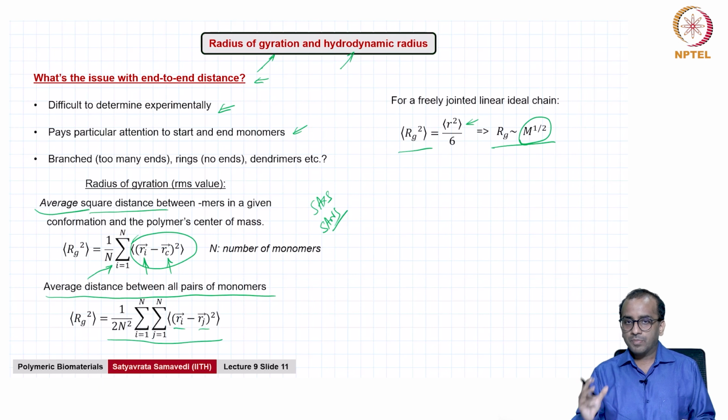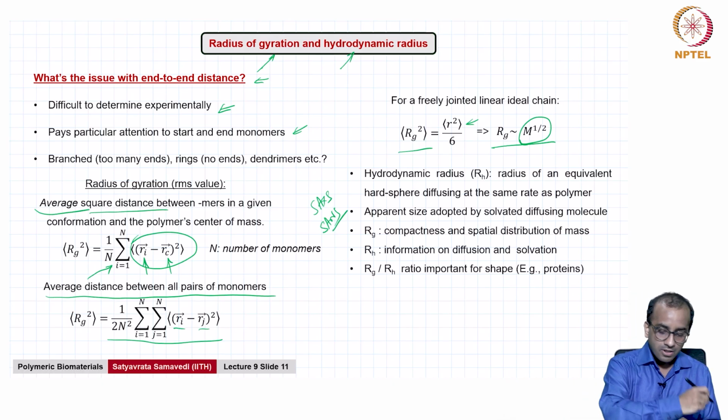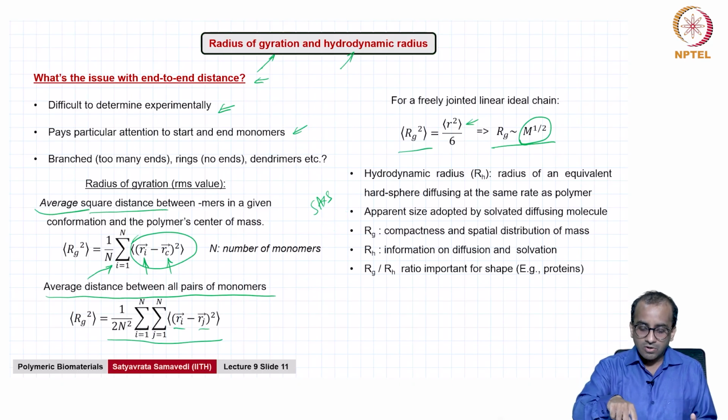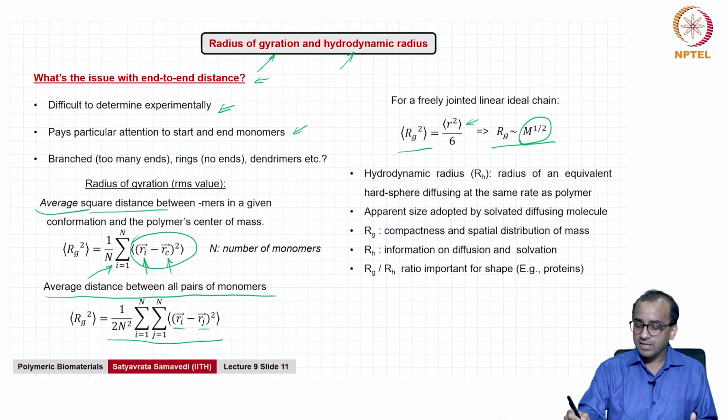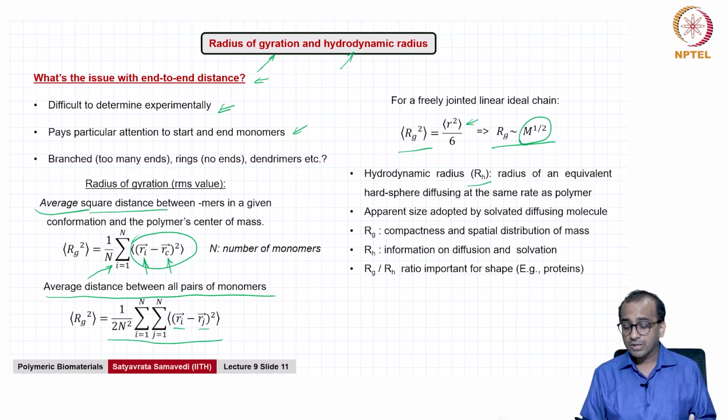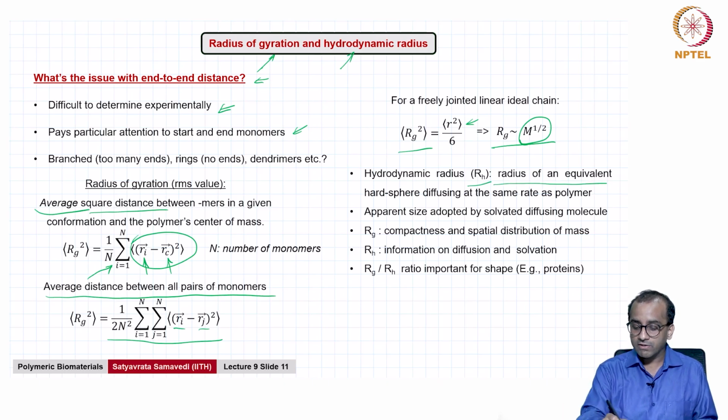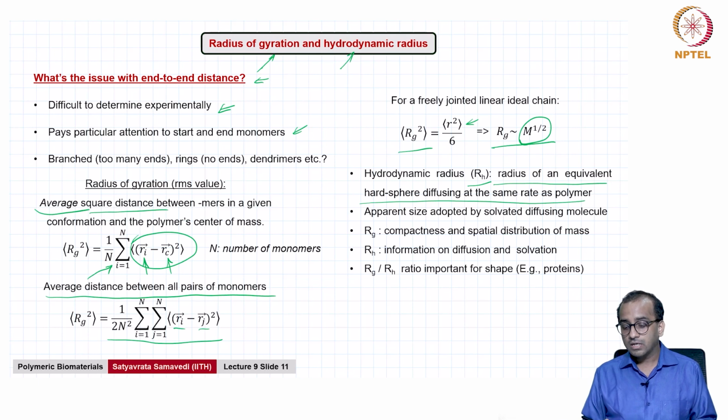When you look up sizes in 3D and when you start thinking of polymers in 3D, especially in the presence of solvents, another term that you would come across very often in the literature or when you read papers or in textbooks is this idea called hydrodynamic radius, which is a related concept but not the same as radius of gyration. Hydrodynamic radius, given as R sub h, is defined as the radius of an equivalent hard sphere diffusing at the same rate as the polymer.